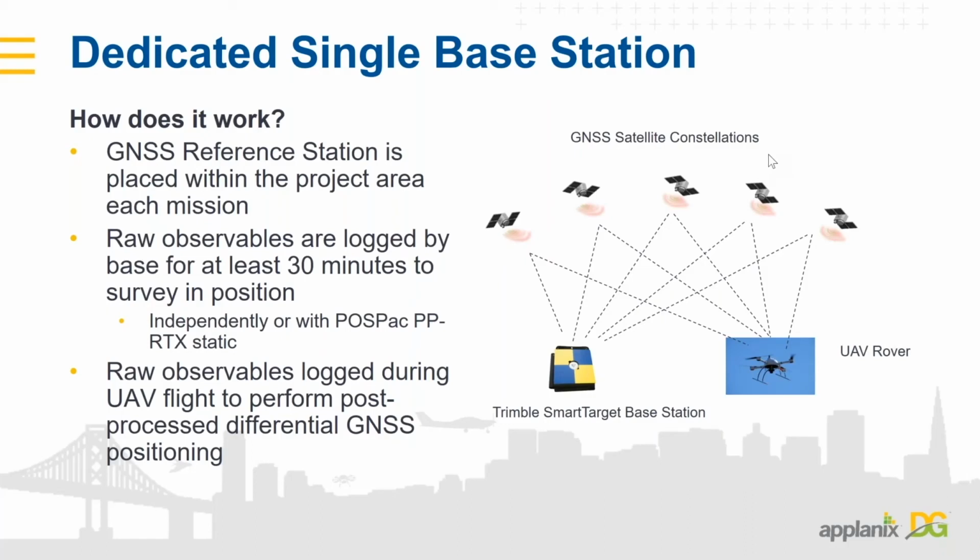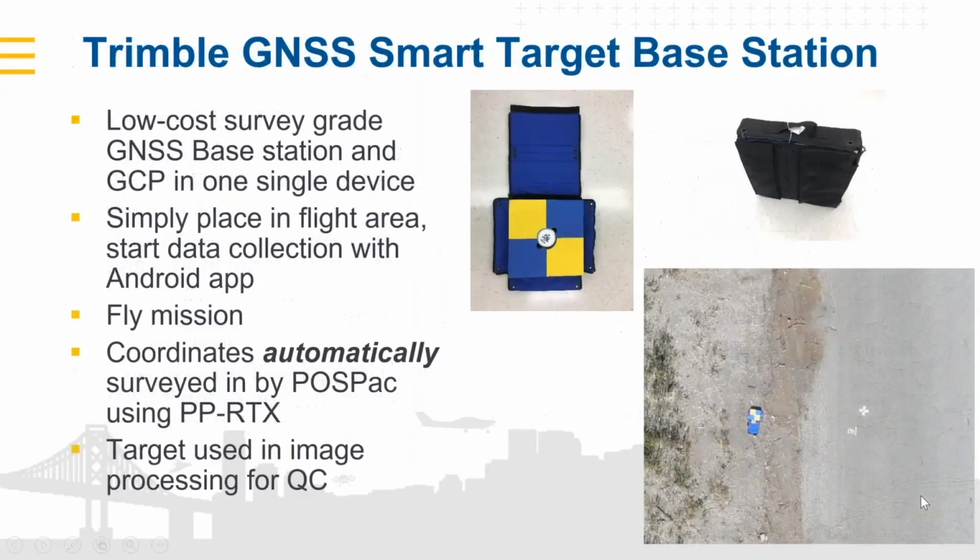Going into a little more about how Applanix has introduced this, I'm going to talk about SmartTarget, which is the next slide. SmartTarget, which is what Trimble has introduced to address this, provides both a survey grade GNSS receiver along with a target that you can place in your project area.